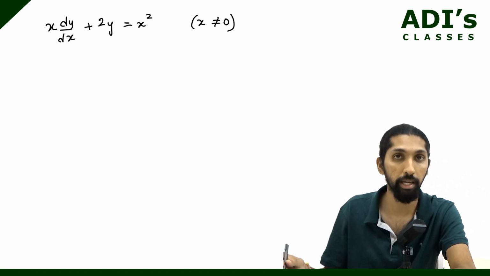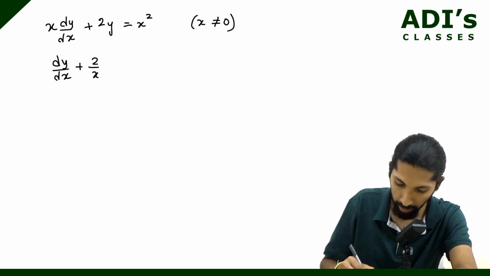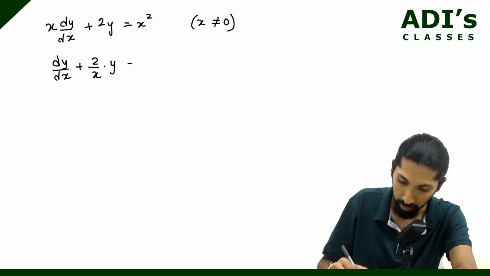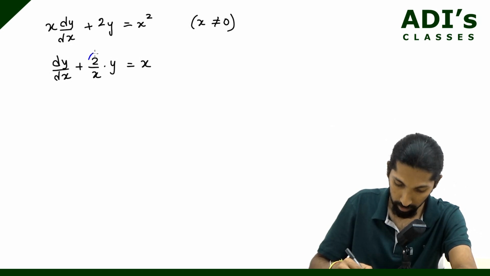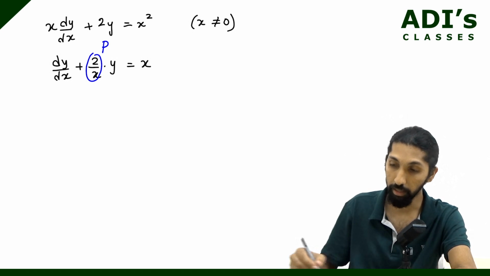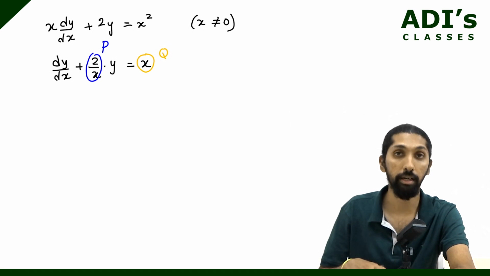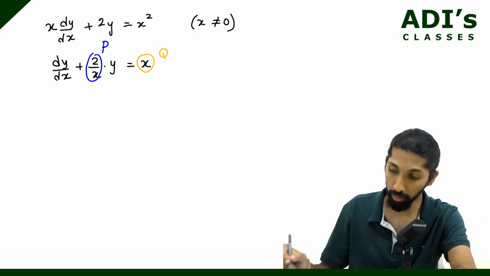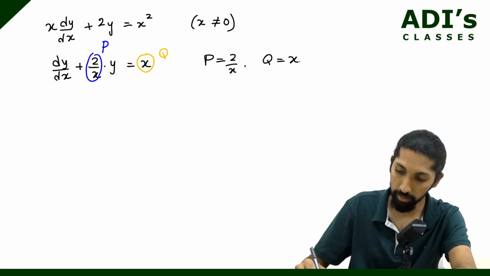When you divide by x, you get dy/dx + (2/x)y = x. This is going to be p and this is going to be q. So p = 2/x, and q = x.